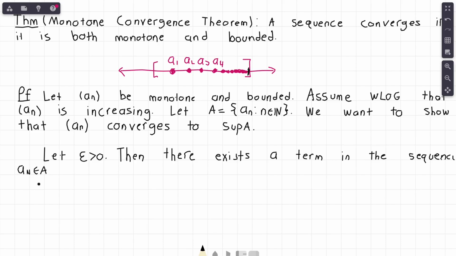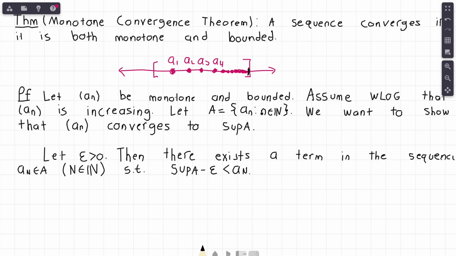So a_N is just some term in the sequence. So let's specify that N is a natural number such that the supremum of A minus epsilon is less than a_N. This is by one of our lemmas in the previous chapter, that if we take the supremum of some set and subtract a little bit from it, then there will be some term in the set that will be greater than that.